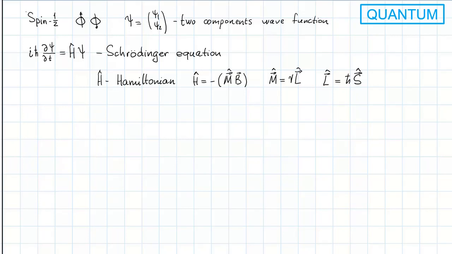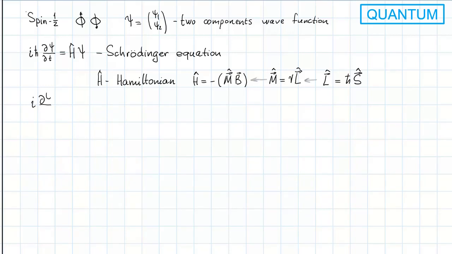Now, by inserting expression for L into the expression for m and expression for m into the expression for Hamiltonian, taking into account that magnetic field B is oriented along the z-axis, and Hamiltonian into the Schrödinger equation, we can rewrite the Schrödinger equation in the following form.